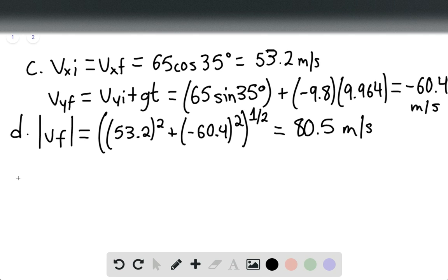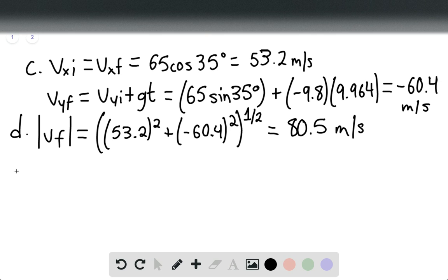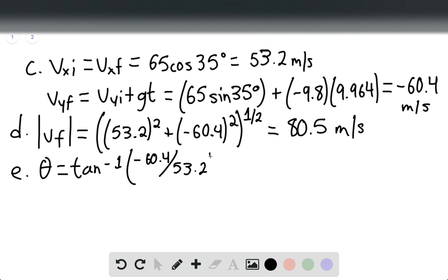And part E is asking us to find the angle measure. So we can simply say the arctan. Now, tan is opposite over adjacent. So here it's going to be the y value divided by the x value. So it'll be negative 60.4 divided by 53.2.